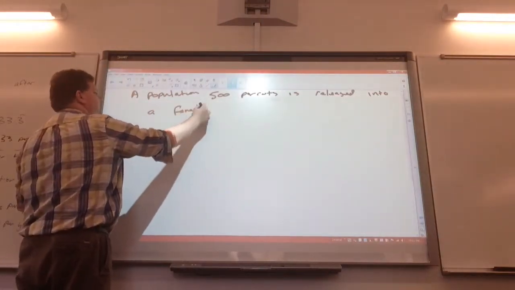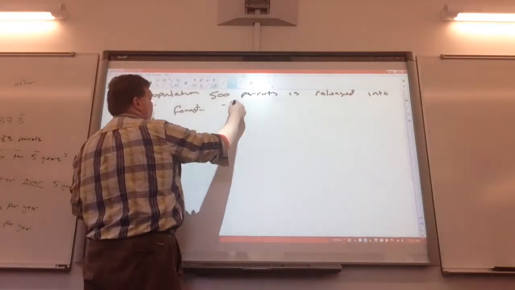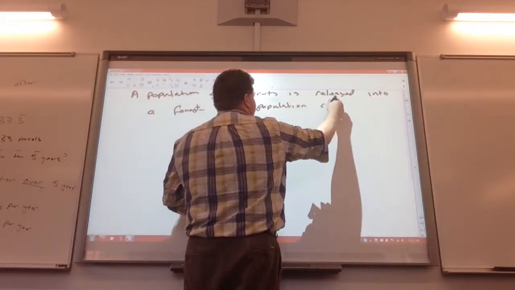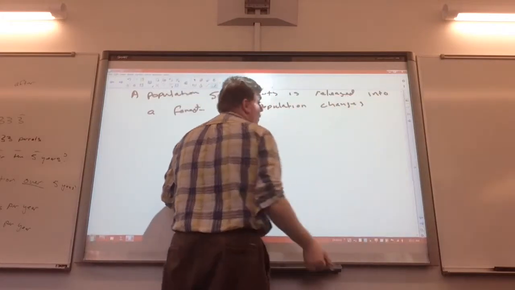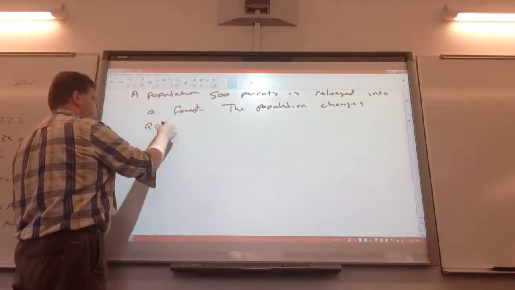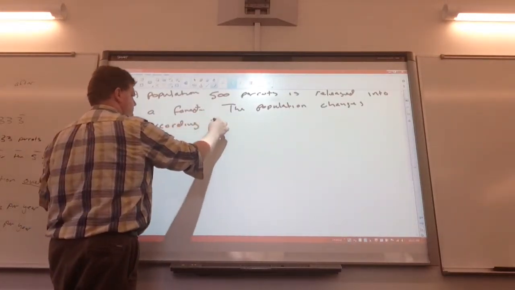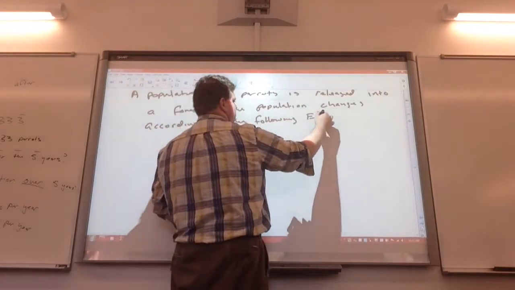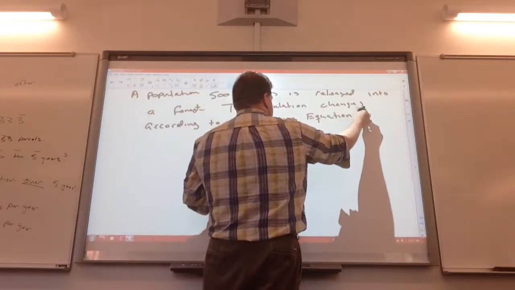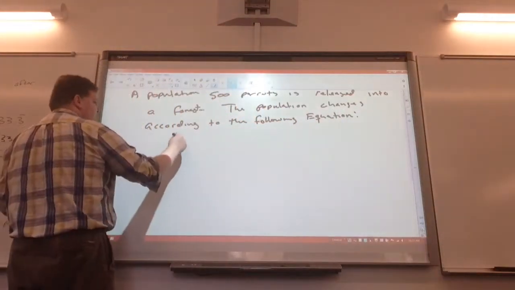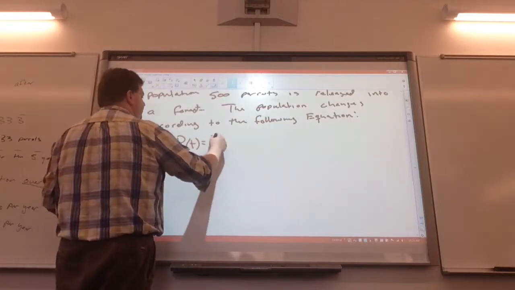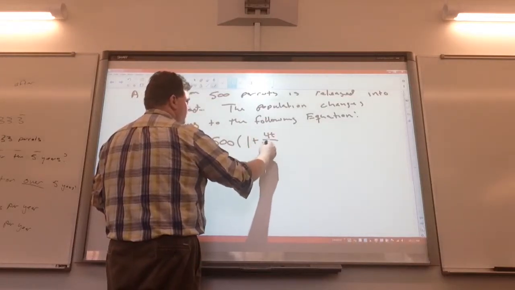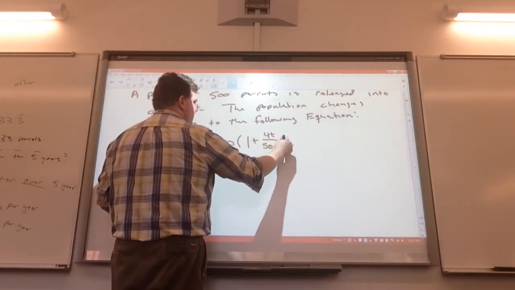The population changes according to the following equation. That equation is P of t equals 500 times (1 plus 4t) over (50 plus t squared).